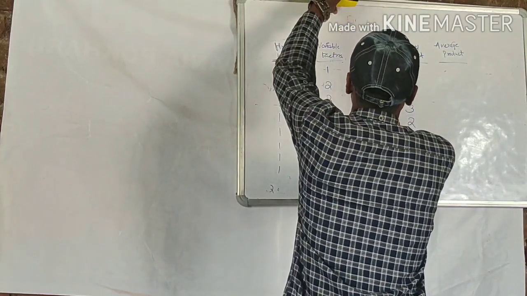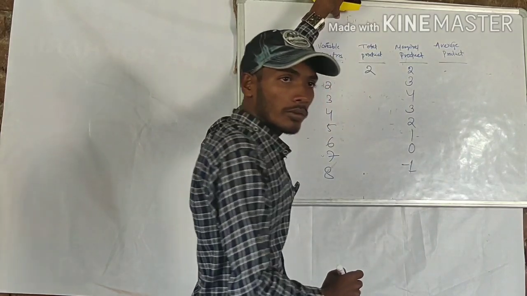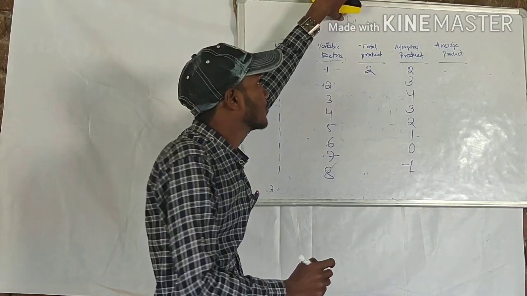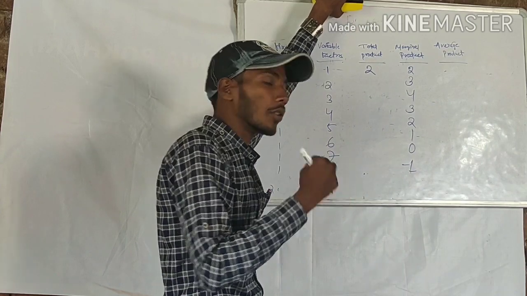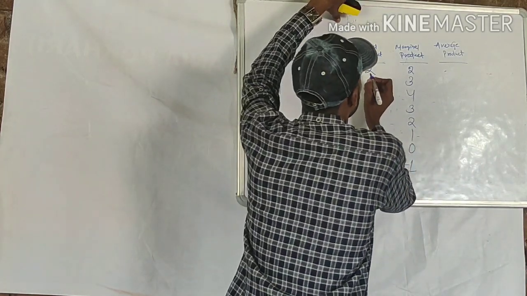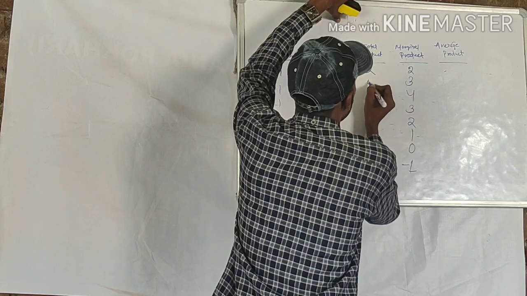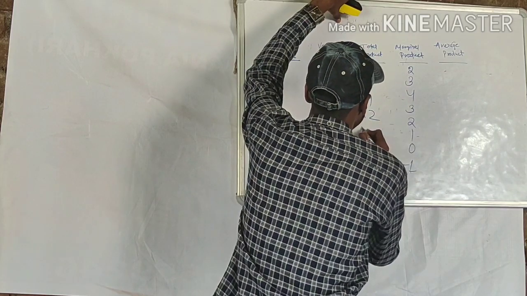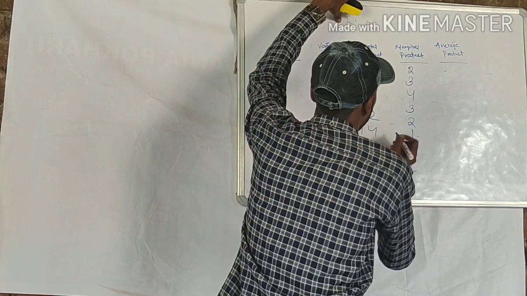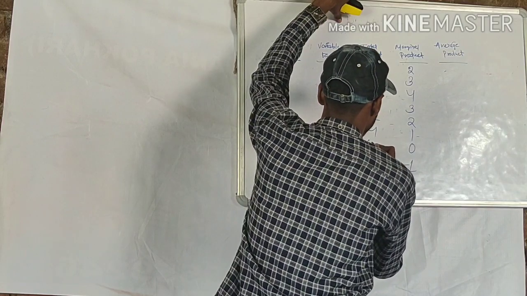Here the total product is 2. The total product is 2 in the first trial because first of all I am going to produce 2, and this is 5, this is 9, this is 12, this is 14, this is 15.